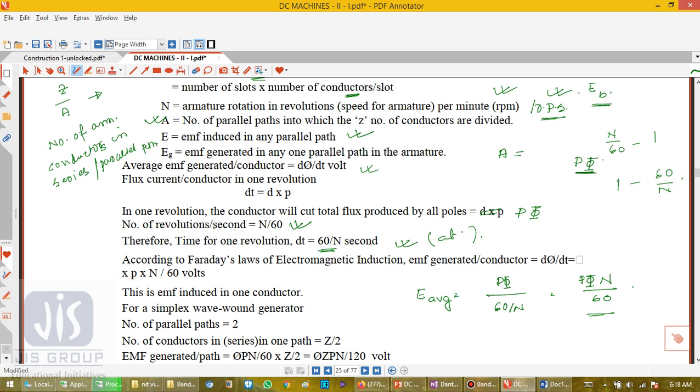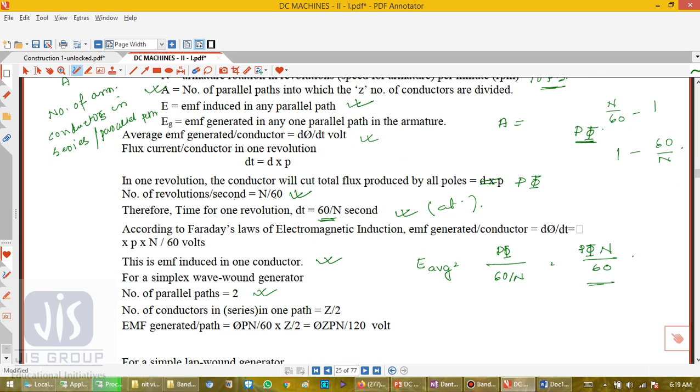So this is the EMF induced in one conductor. For wave winding the number of parallel paths is 2, so the number of conductors in series per path is Z by A, where A is 2 for wave winding and P for lap winding.